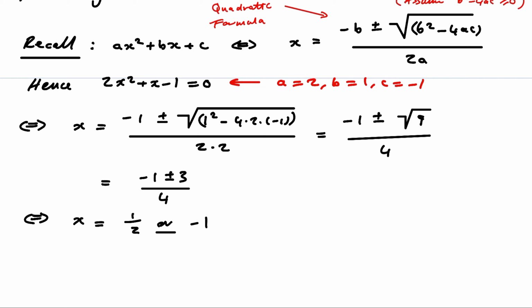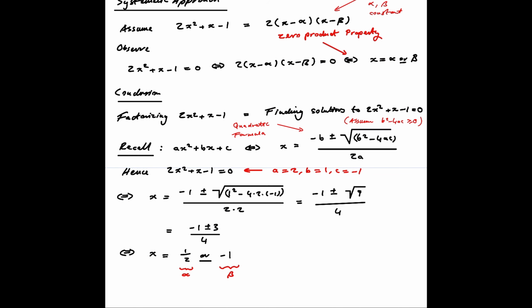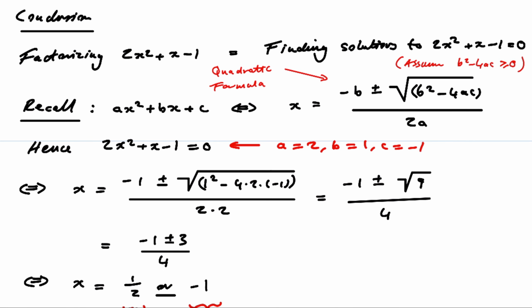Okay, so at this point, let's label this my alpha, and this is going to be my beta. So what's the conclusion? At this point, I can just go back to my original template, up at the very top here, and just feed that information in, and I have to be done.